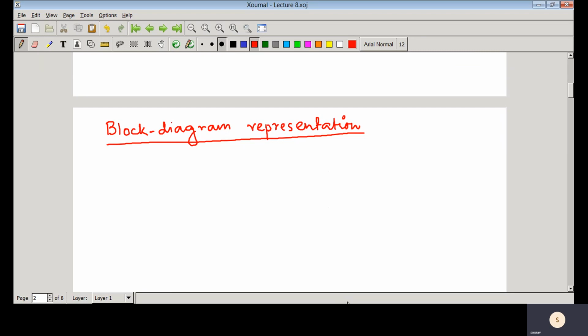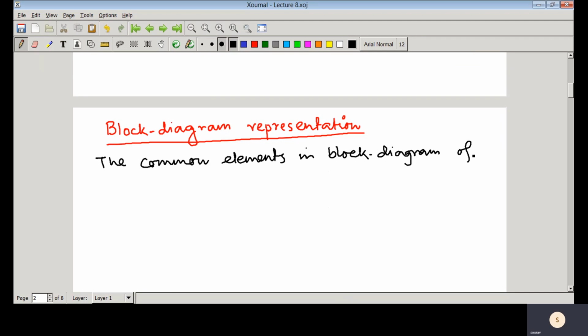So let us see the common elements in block diagram of most control systems include.